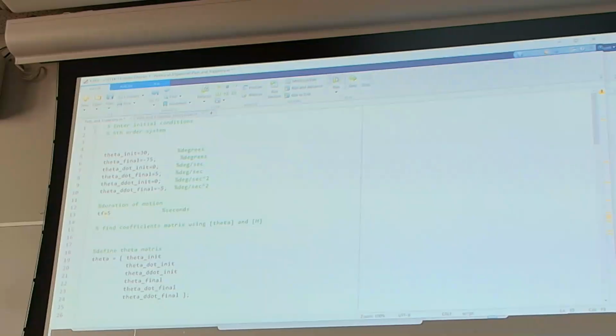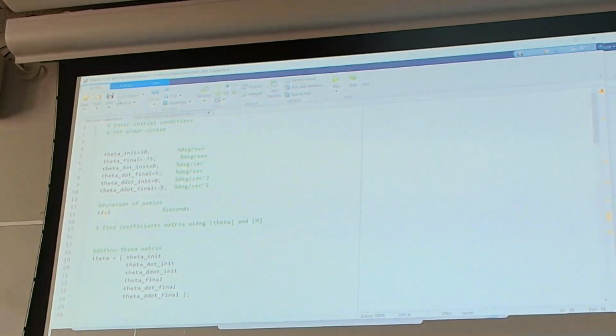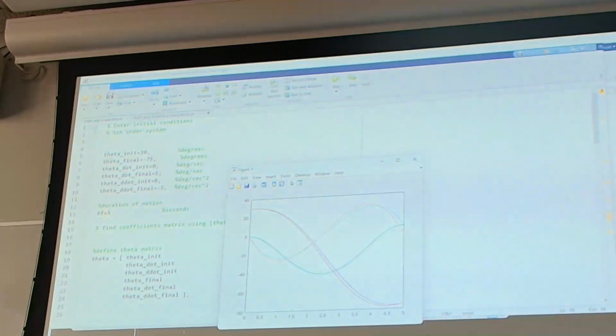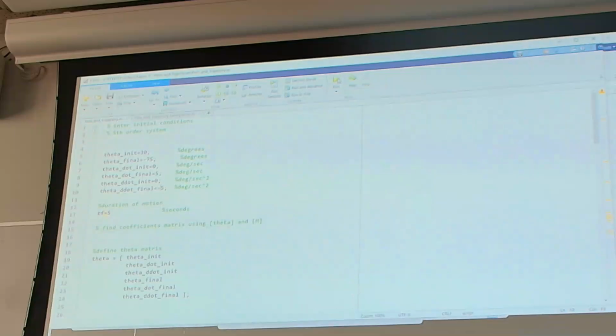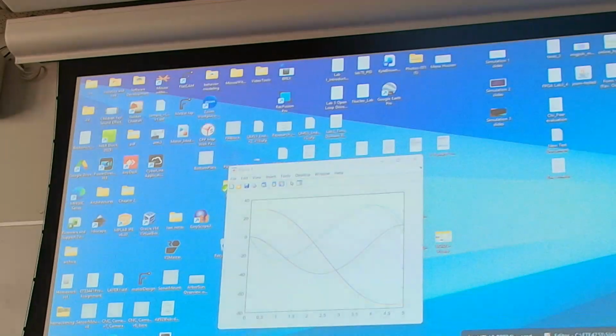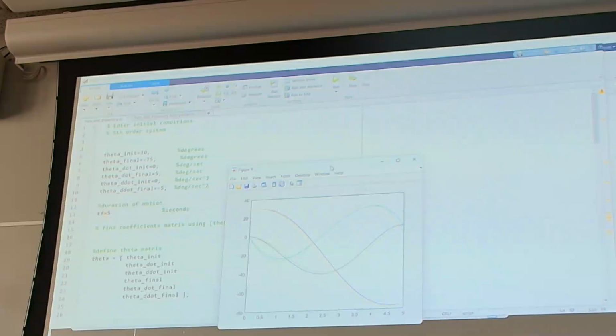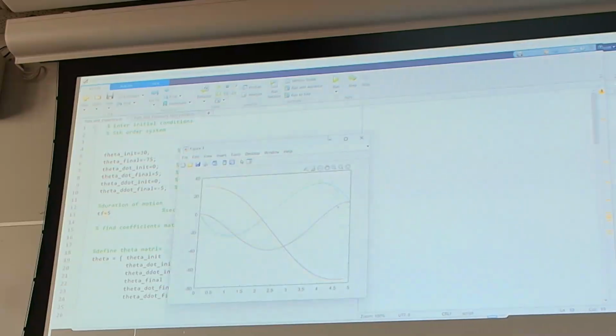Run it again, and then we can see how that superimposes on the other one. If I didn't run it, I have... that's interesting, I only see 2.